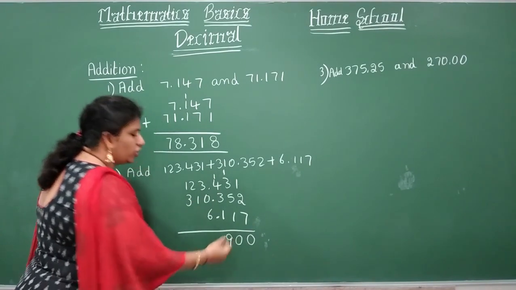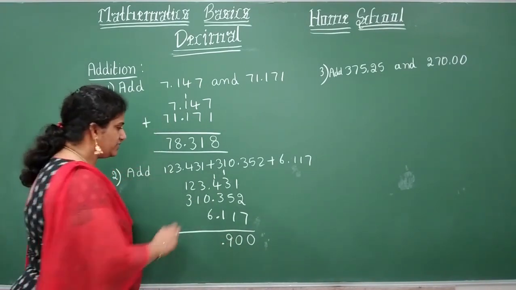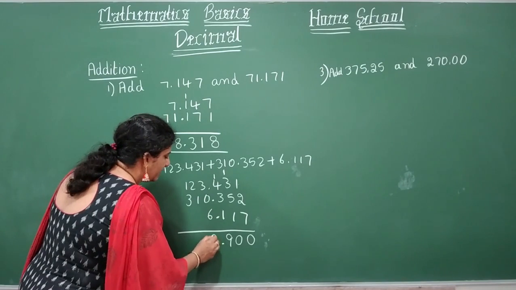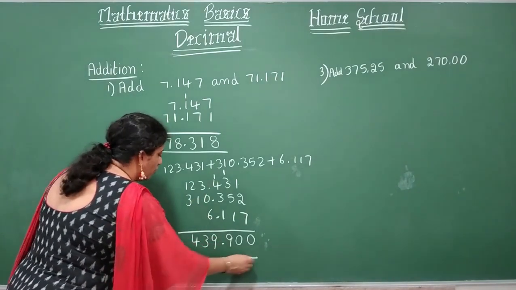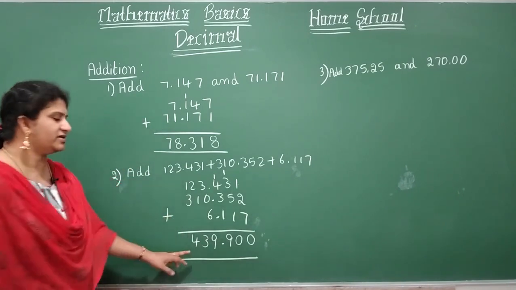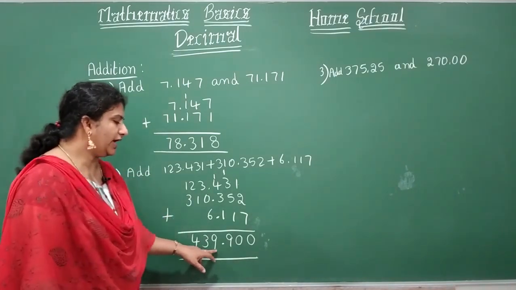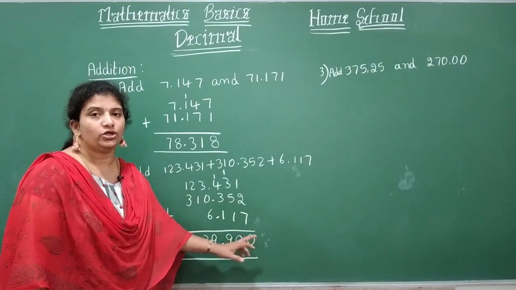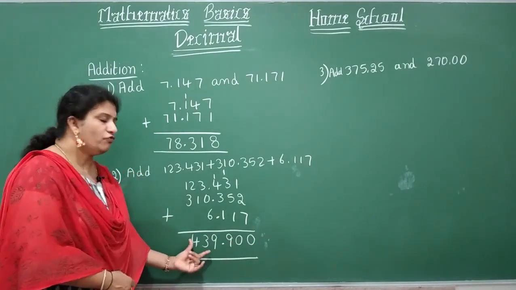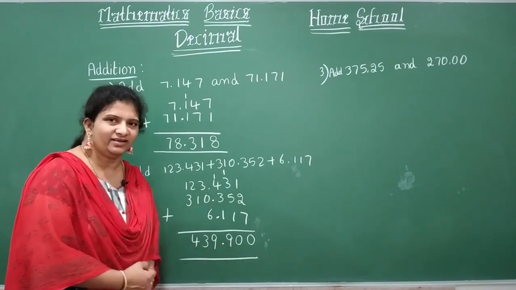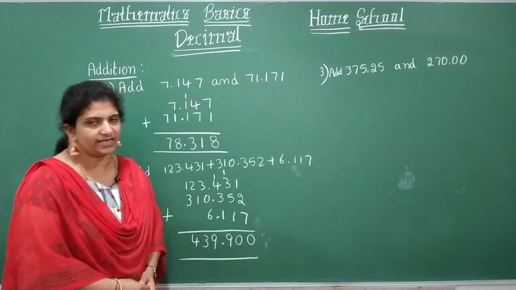Now you can follow the decimal point as it is. 3 plus 6 will be 9. 2 plus 1, 3. 3 plus 1, 4. What's your final sum here, children? 439.900. You can rewrite this. What is the equivalent decimal for this, children? 439.9. Okay, you can skip these two zeros.